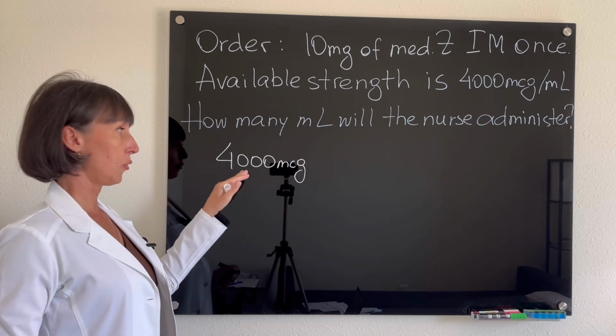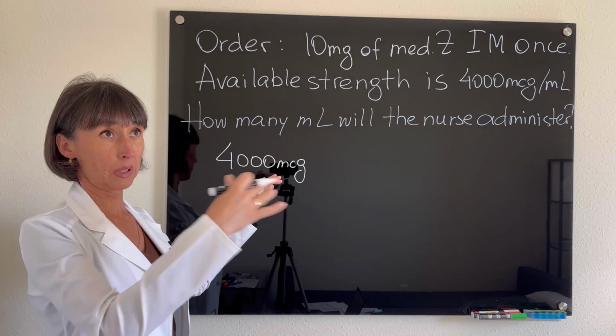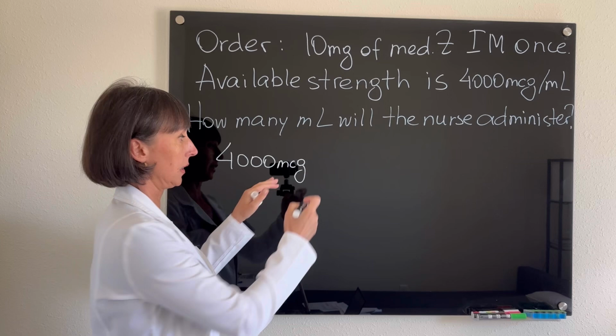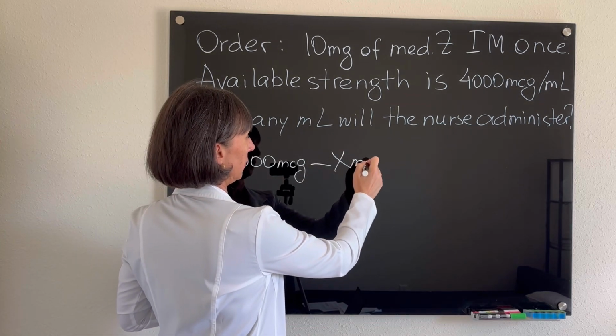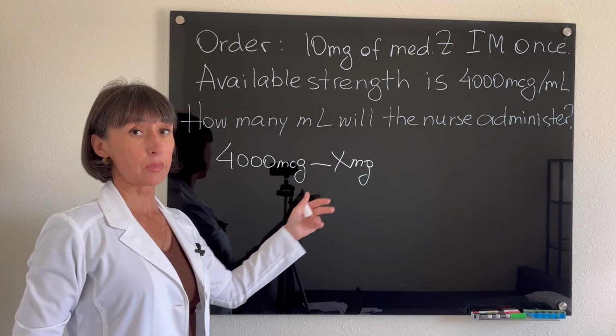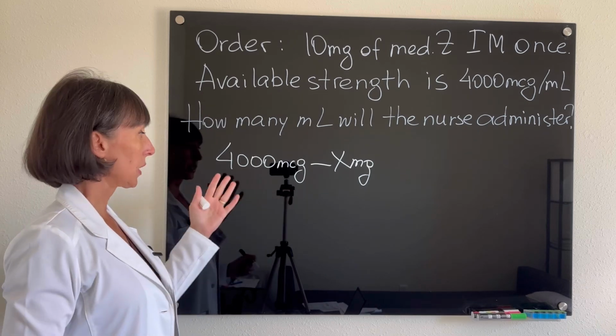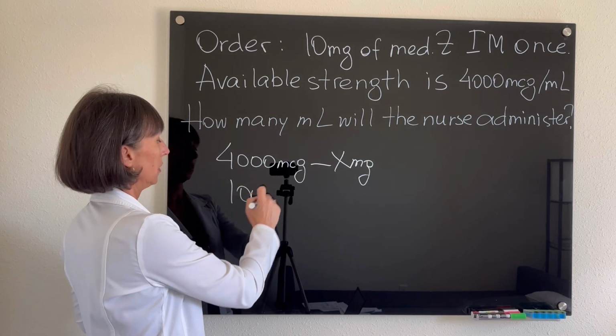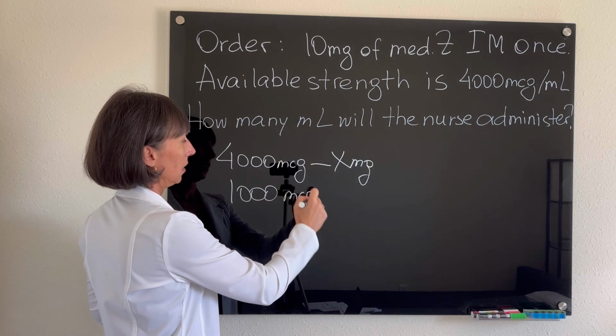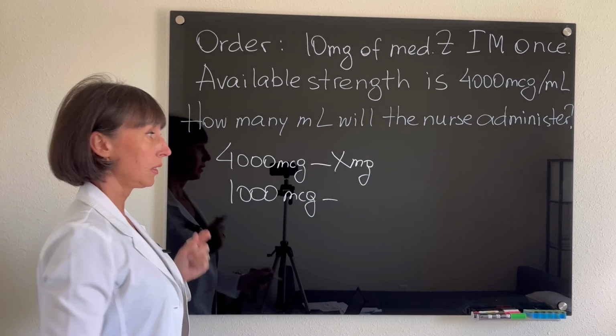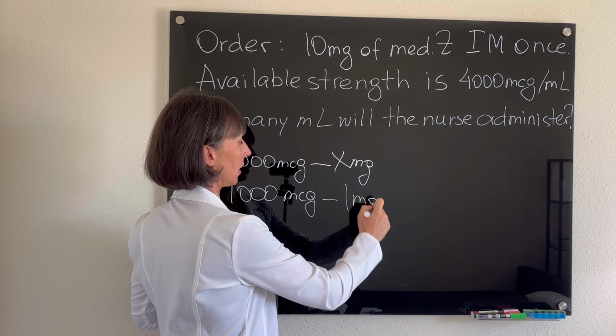We're going to say 4,000 micrograms to milligrams. I don't know how many milligrams that is. That's X milligrams. But I know the conversion of micrograms to milligrams: 1,000 micrograms is 1 milligram.